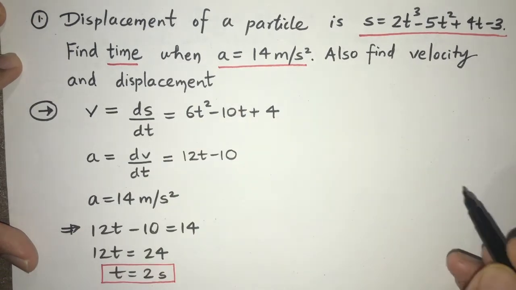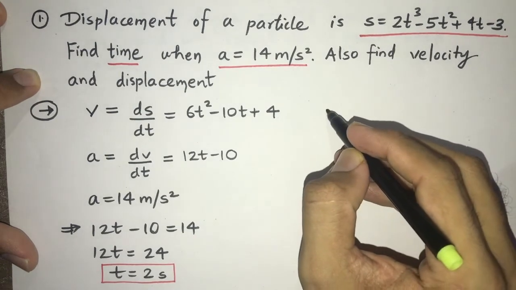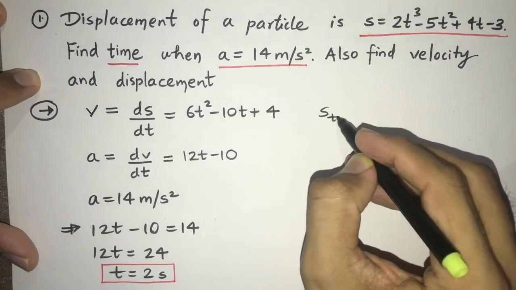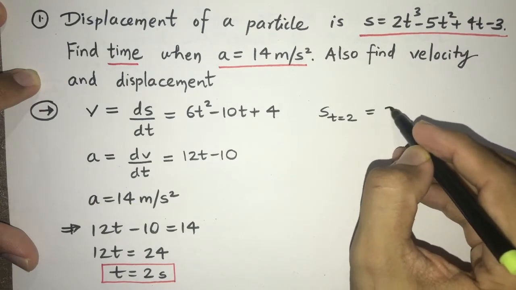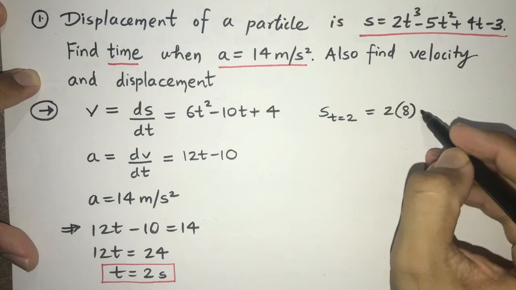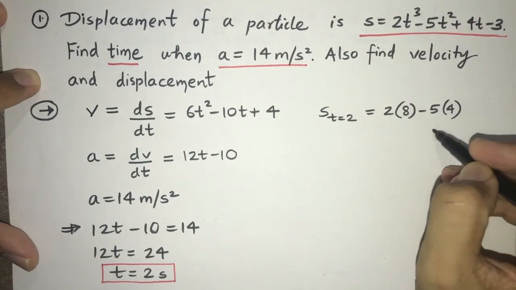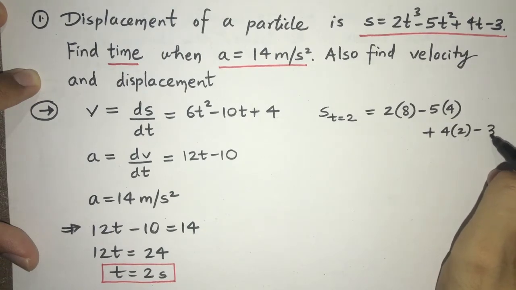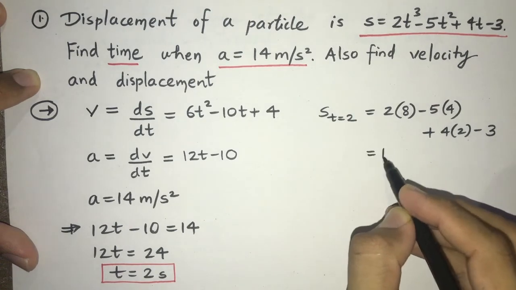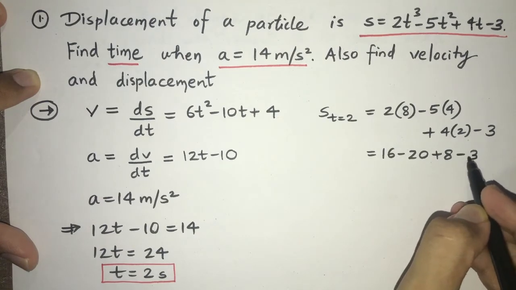Also find the velocity and the displacement at that instant. To find the displacement at 2 seconds, we are going to have 2 into 8 minus 5 into 4, plus 4 into 2 minus 3. So that is going to be 16 minus 20 plus 8 minus 3.